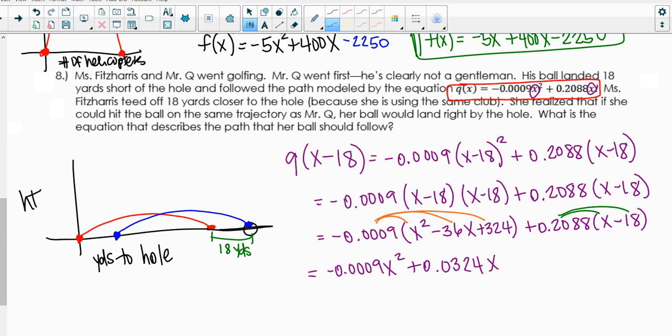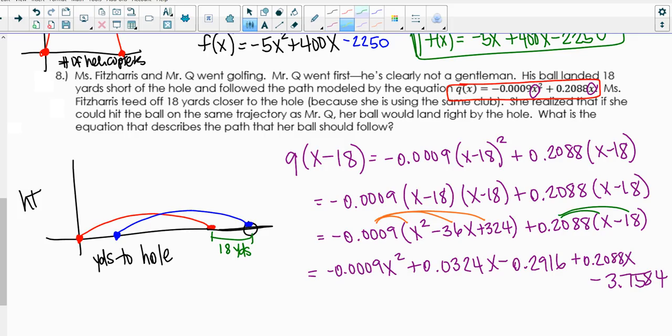And 324 times 0.0009, I get a negative 0.2916 here. So that's what I get when I multiply through the orange. Then I'll have 0.2088x here. 0.2088 times 18 gives me minus 3.7584.